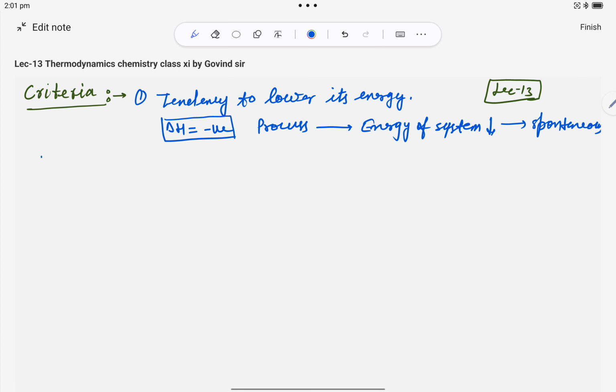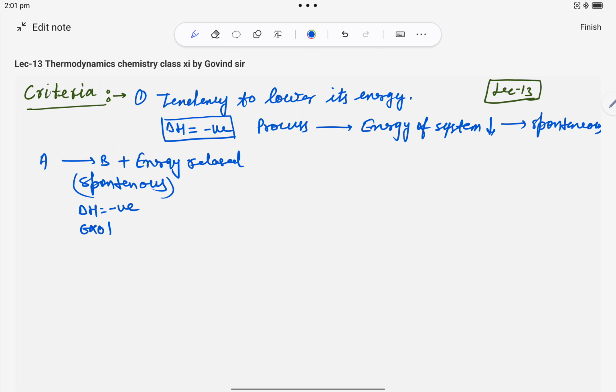Like A to B reaction is given, plus energy release. If energy is released, then this process is spontaneous. Because delta H is negative, the process is exothermic. If exothermic, then it is spontaneous.